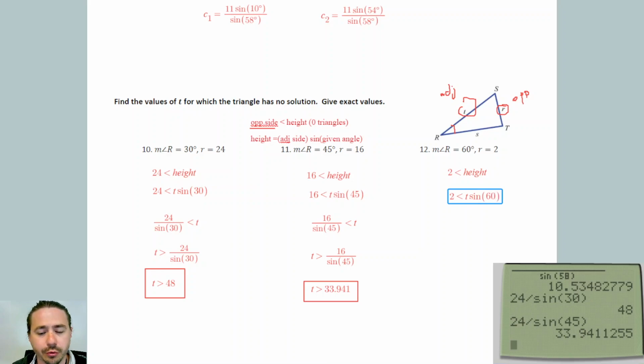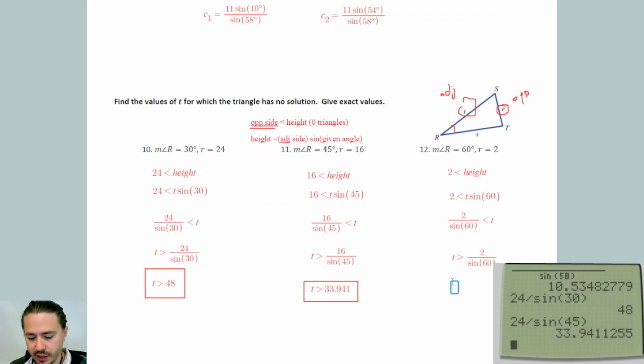Sine of 60 is going to be root 3 over 2, so we're going to get another irrational answer. The reason why we didn't get an irrational number over here is because sine of 30 is 1/2, and so it works out pretty nicely. So we've got 2 divided by the sine of 60 is less than t. So t is greater than 2 divided by sine 60.